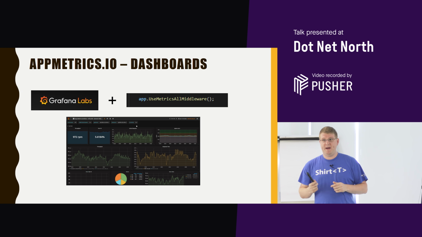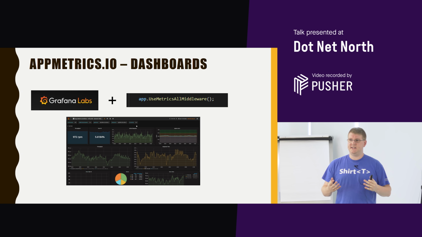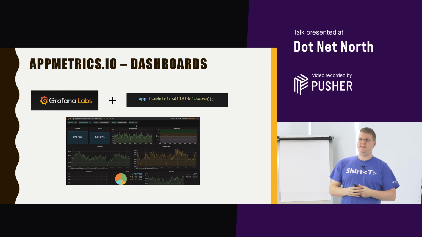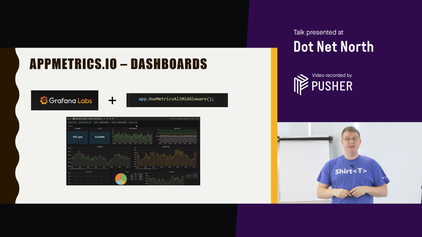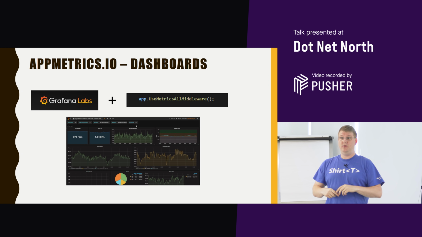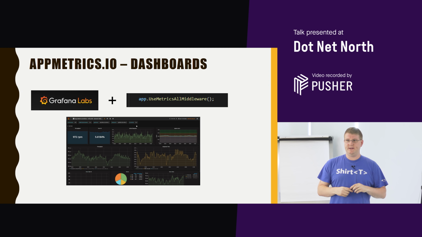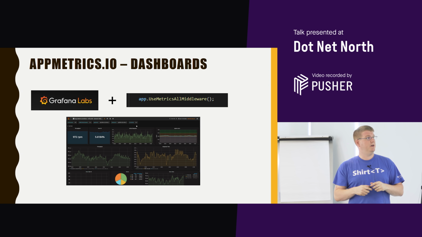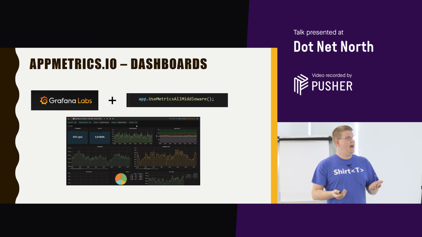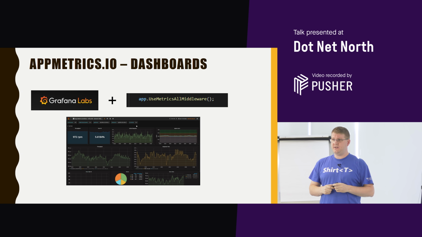The other thing about AppMetrics and Grafana itself is that Grafana Labs has a little interface you can use for downloading dashboards. So if you want that New Relic thing, where you want some graphs, you don't care what they do, you just want to throw them up so your boss thinks you're actually doing something, then AppMetrics does it.